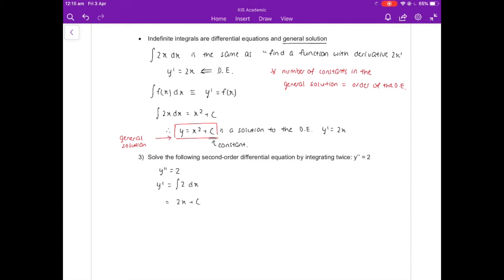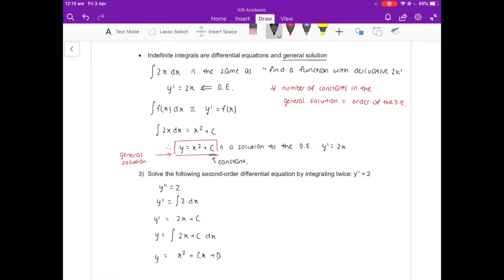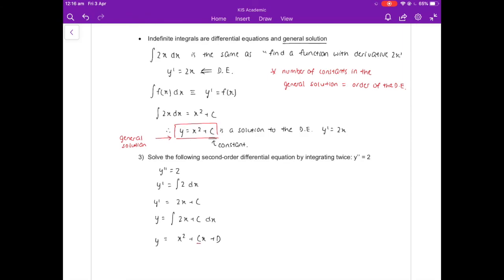So that's my first constant, but we want the solution in terms of x and y, so I have to integrate that again. So integrating 2x plus c dx gives me x squared plus cx plus d. So here you can see that we actually do have two distinguishable constants, which works because this is a second order differential equation, and that there would be my general solution.